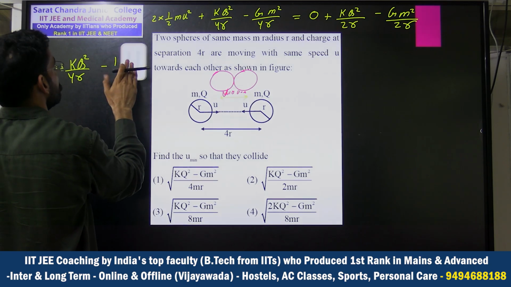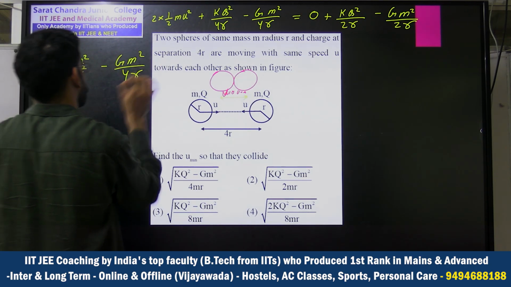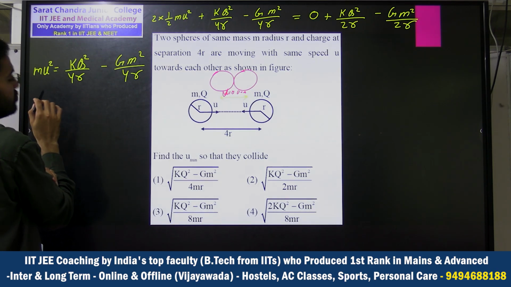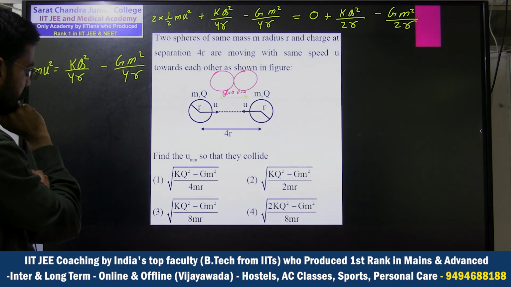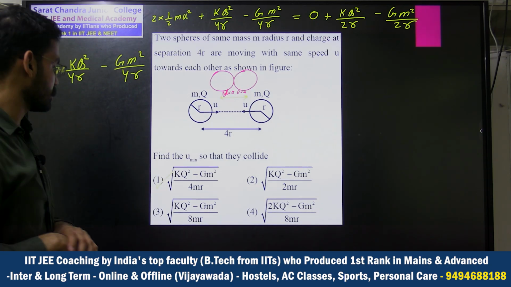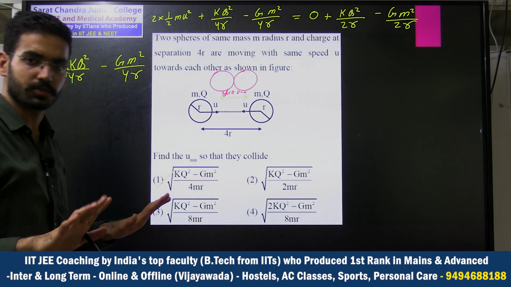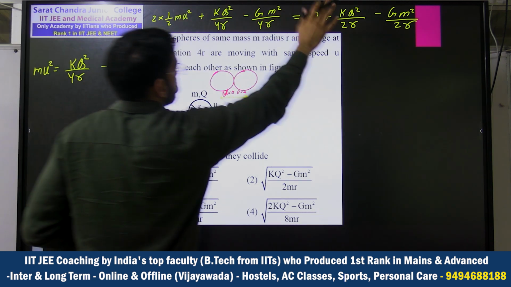So minus G m squared by 4r. If you divide by m, I think the option should match: 4 m r, k q squared minus G m squared, first option. That is your answer. I hope this is clear. Just the energy conservation, kinetic plus potential, kinetic plus potential.